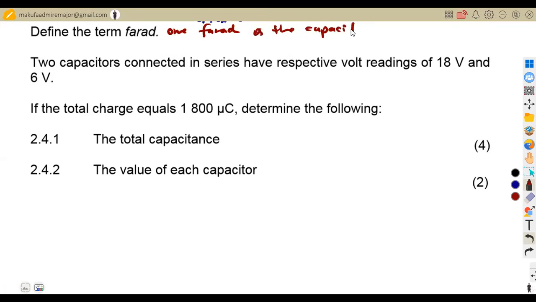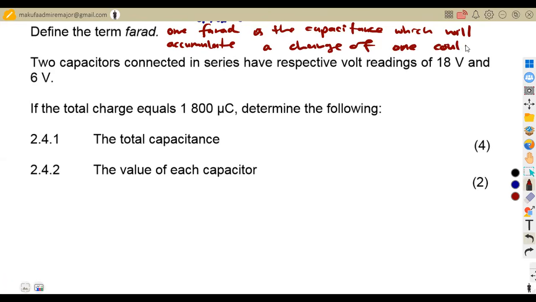1 farad is the capacitance which will accumulate a charge of 1 coulomb when connected across a voltage of 1 volt.